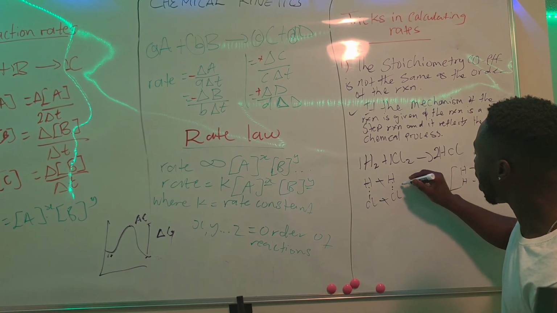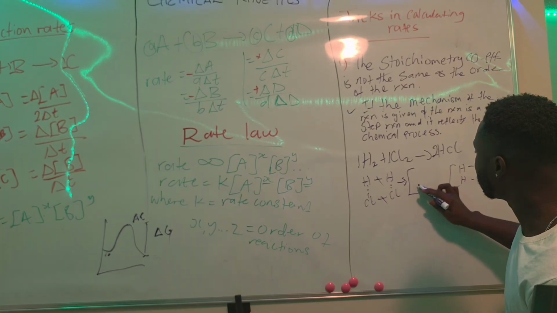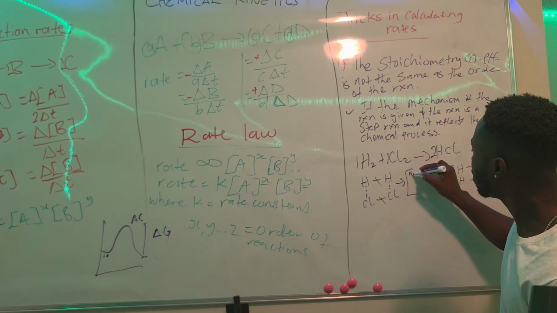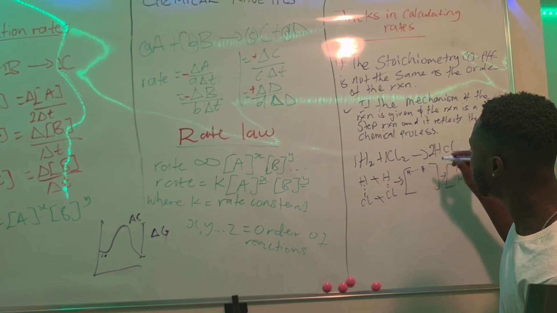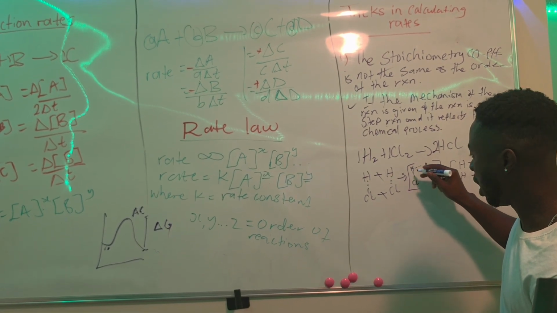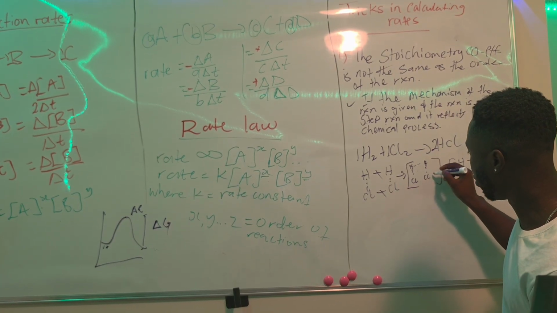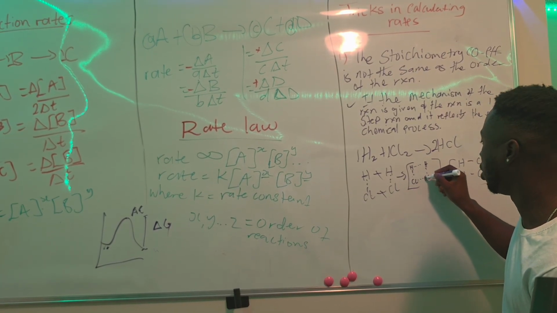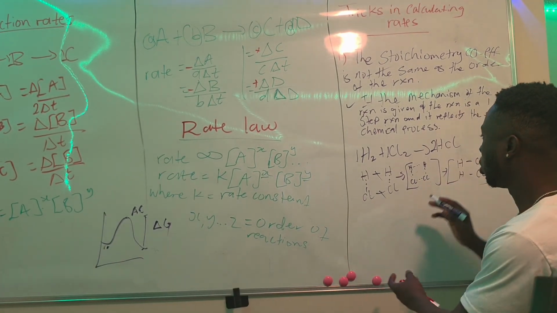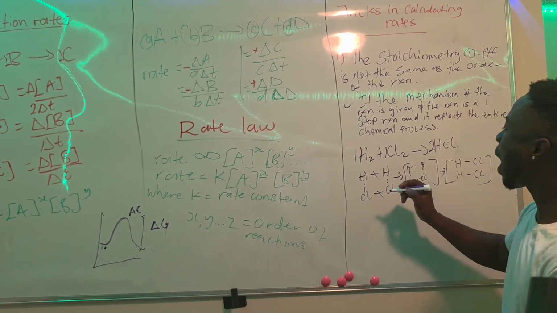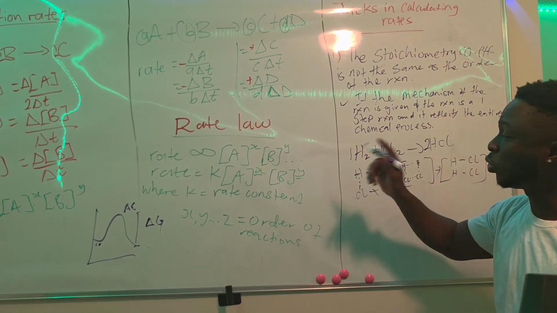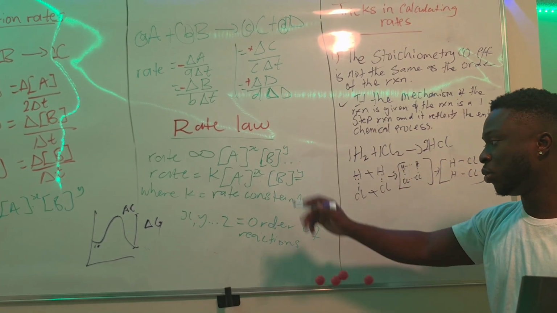So you are going to have some type of an intermediate over here that would give you H still bonded to its H but a weakened bond, and then an H bonded to Cl, a weakened bond, and a Cl bonded to HCl with another weak bond. The bonds have been weakened, right? So that is why I have to specify these conditions for you to be able to know that that is just the rate order.